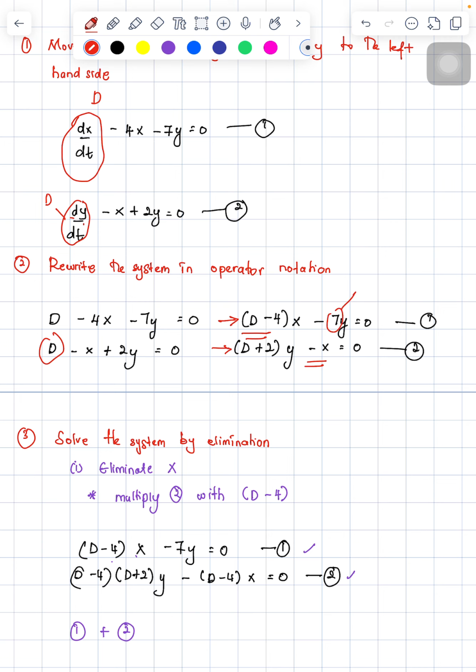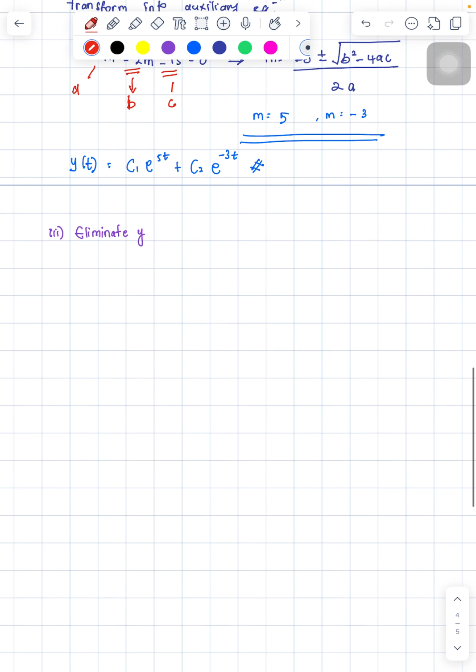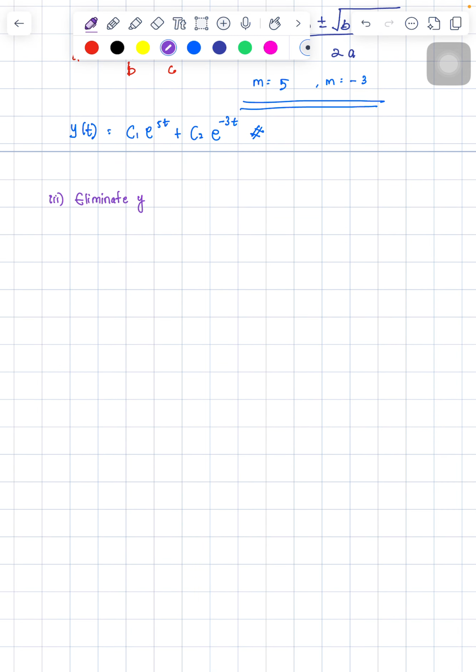So first, to eliminate y, we have to multiply equation 1 with d plus 2.